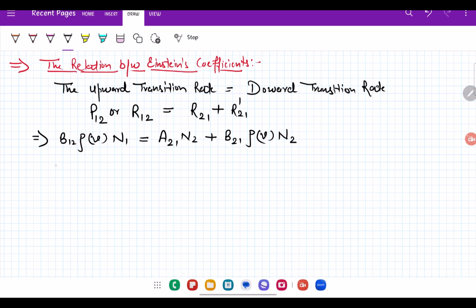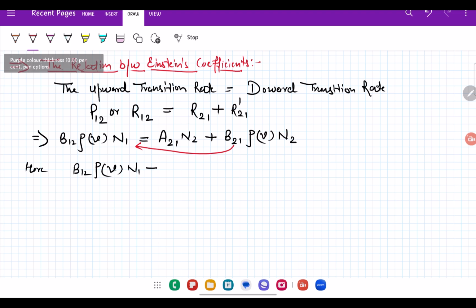So I'm just going to rearrange this equation. Here B12 times the energy density times the number of atoms N1, I'm going to take towards my left hand side. We are left with B21 times the energy density times N2, equal to A21 N2.